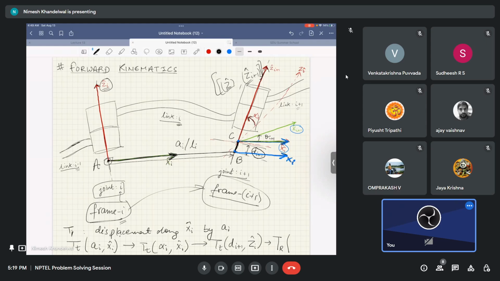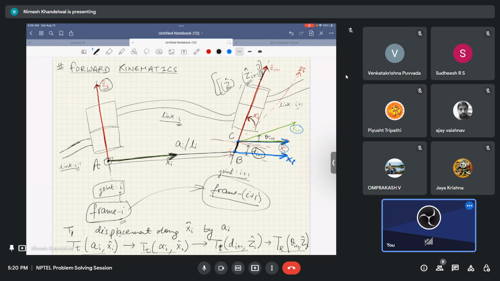And the final thing that we need to do here is rotate by theta I plus one along the z axis. Keep in mind that every successive transformation that I'm doing is along the new axis, after each transformation, not along the old axis.